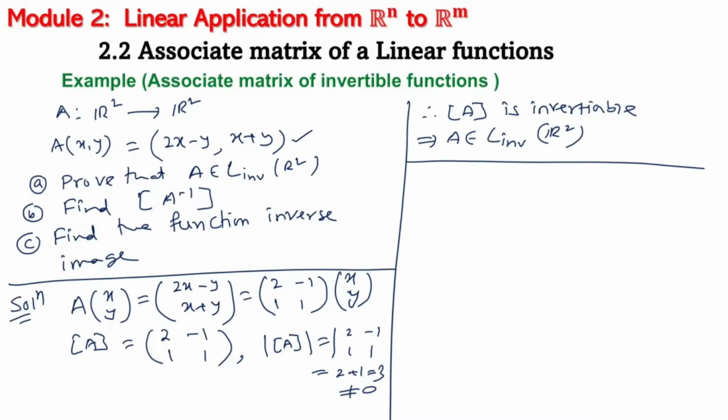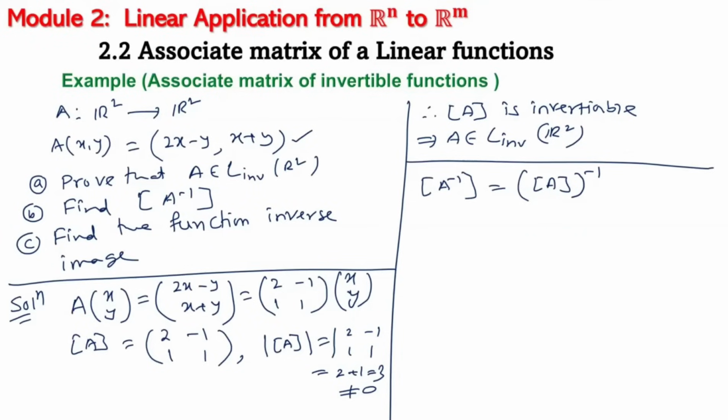So here the second part is the matrix of A inverse. Again by the previous theorem, this is equal to the inverse of matrix A, because matrix A is known to us and the determinant of the matrix A is also 3.